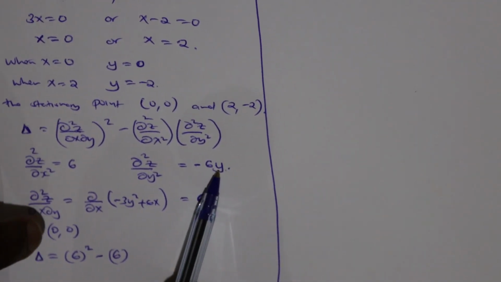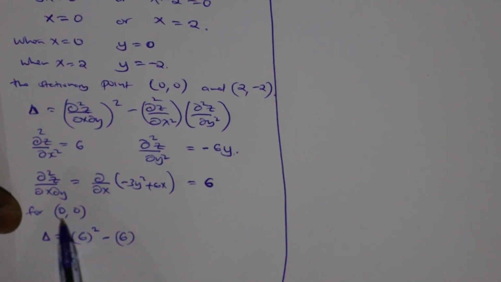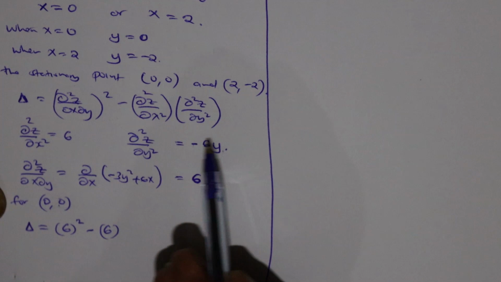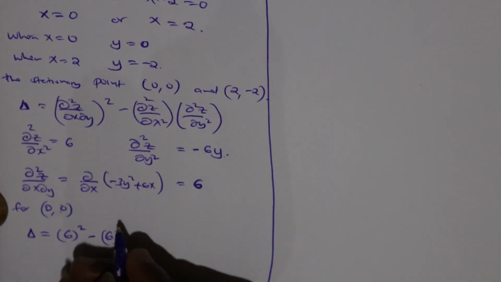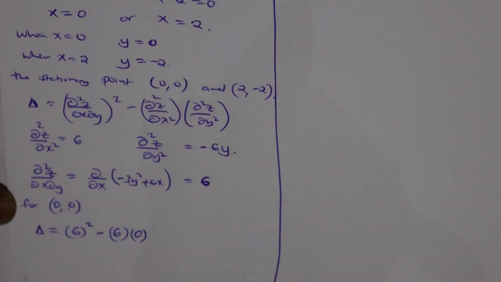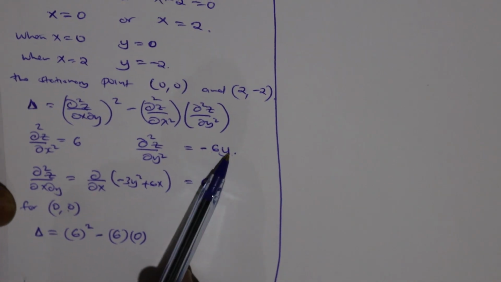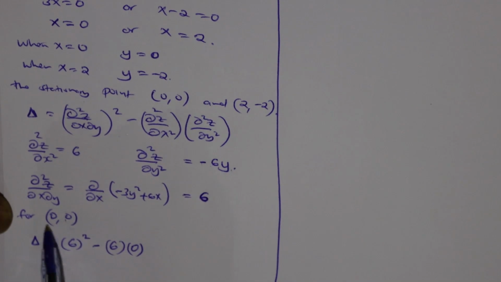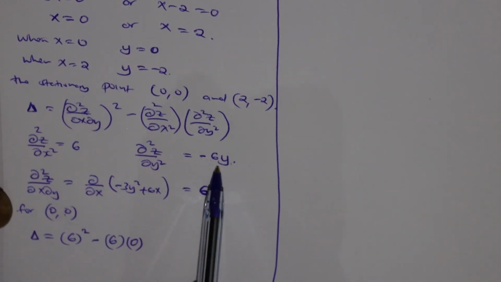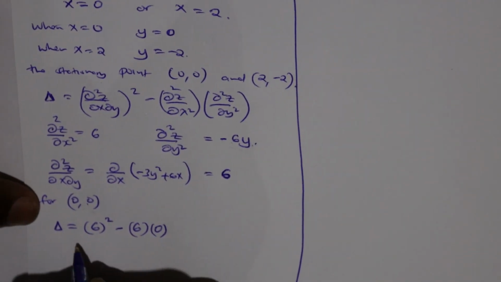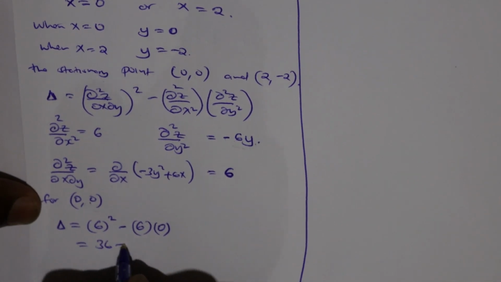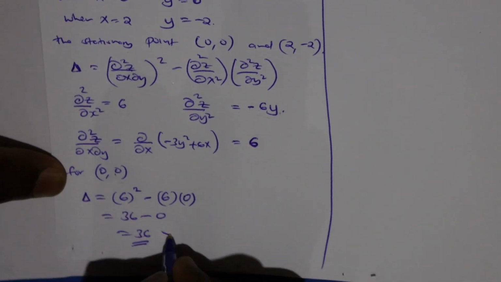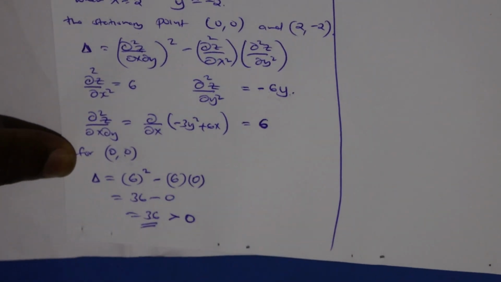Since we have a y here, we check what our value of y is at this point. Our value of y is 0. So 0 times negative 6 just gives you 0. When you have a variable here, either x or y, depending on the point that you have been given, just replace the values and you get your results. So here we shall have 36 minus 0, which gives you 36, and this value is greater than 0.